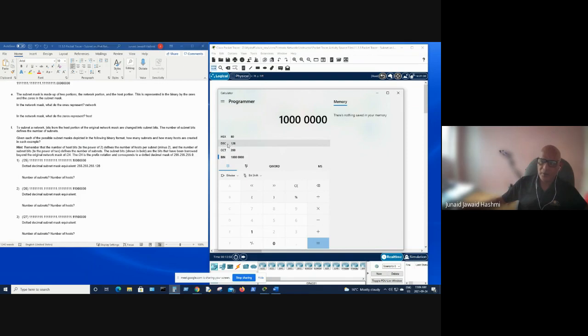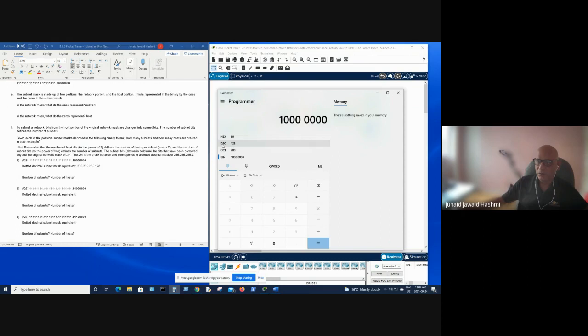So that's how you come up with the subnet mask. You borrow the bits from the host portion and then convert into decimal. You can use the Windows calculator to do that.